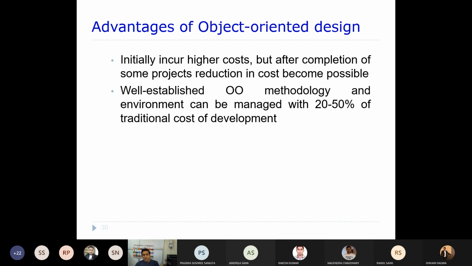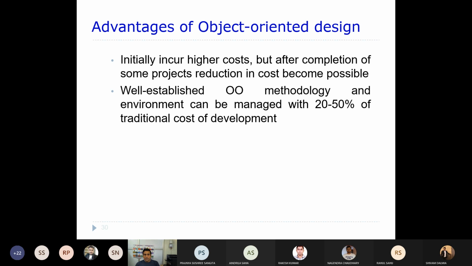And it is also seen that by using any object oriented methodology, compared to any traditional development approach, we will be able to develop with 20 to 50% of the cost.